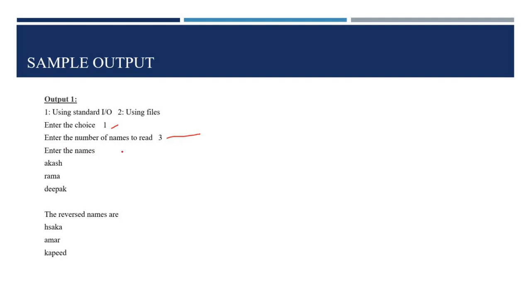Then the user is asked to enter the 3 names. Once compiled, the reversed names will be printed as HSAKA, the reverse of this. Similarly, the reverse of the second name and the reverse of the third name.